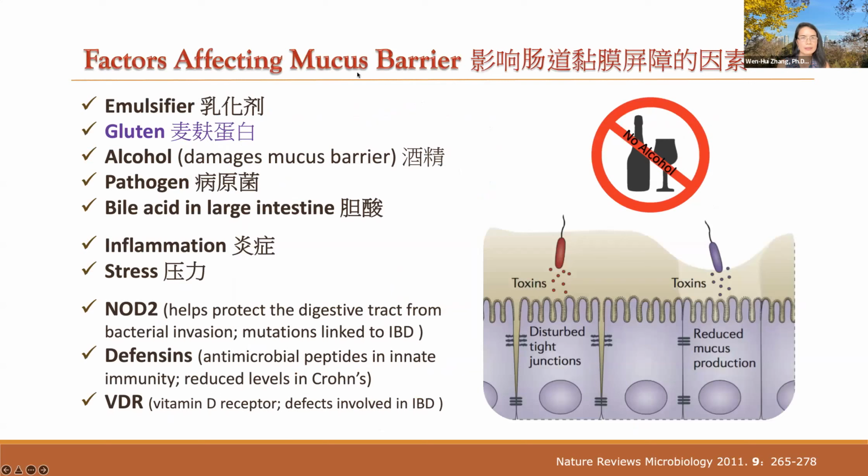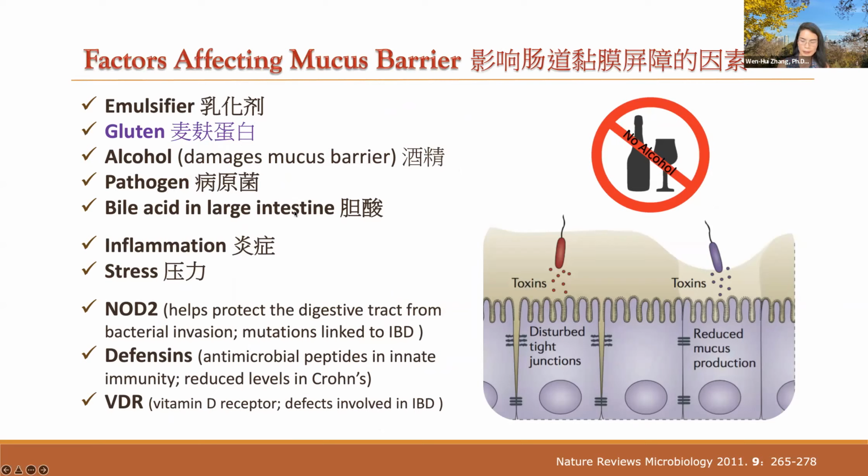So the factors affecting the mucous barrier include emulsifiers that are found in most processed foods and fast food. Gluten also is in most processed foods and fast foods. Alcohol, pathogens, bile acid.